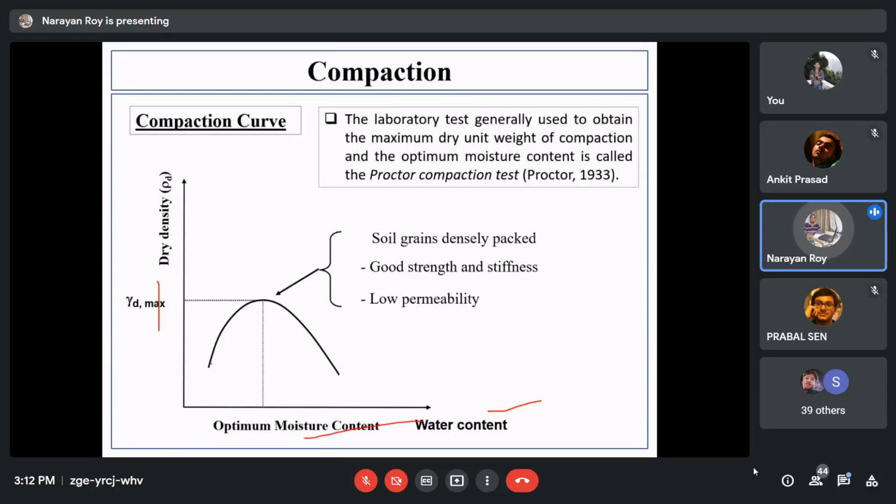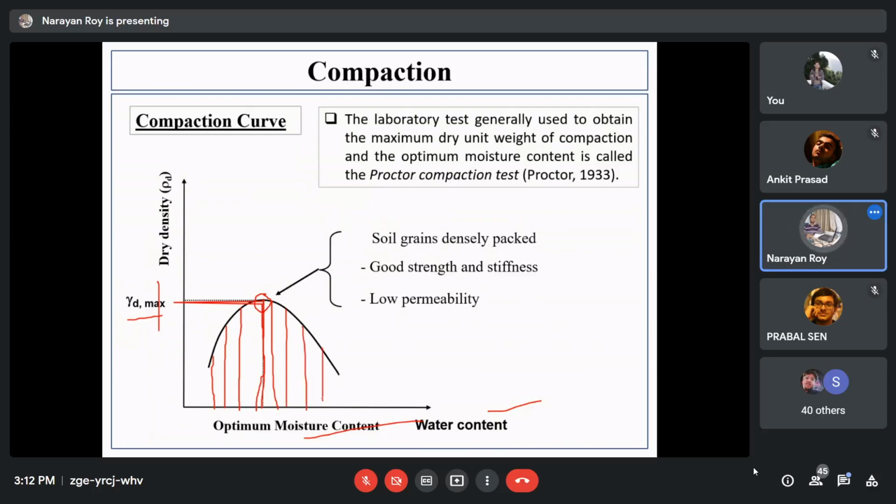Now, as you increase the water content, the dry unit weight gradually also increases, and at a certain point it attains the maximum value. At this point your dry unit weight has attained a maximum value, gamma d max. Now if you further increase the water content, your gamma d will again start reducing, it will fall down.